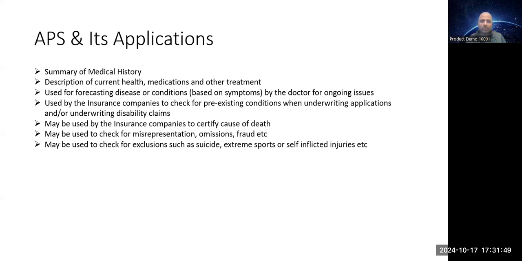It may be used to check for misrepresentation, omission, fraud, and so on. Finally, it may also be used to check on exclusions like extreme sports, self-inflicted injuries, and so on. So these are some of the applications for both the APS and your disability claim form.